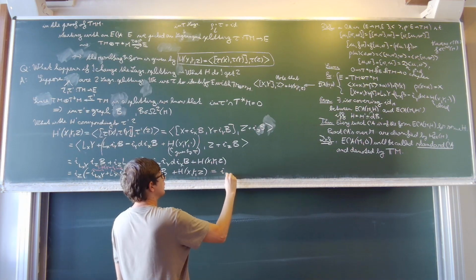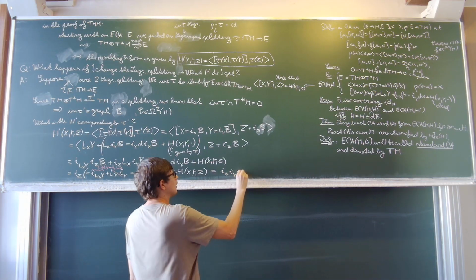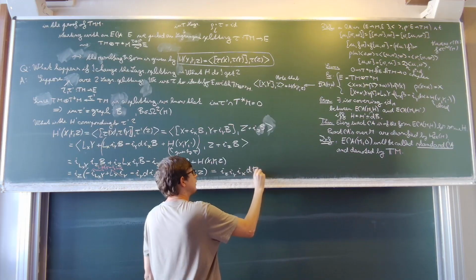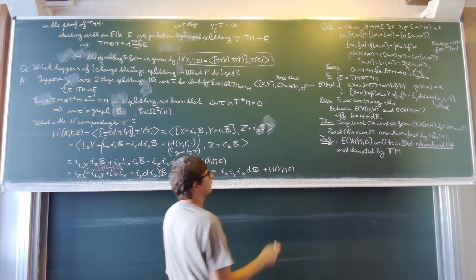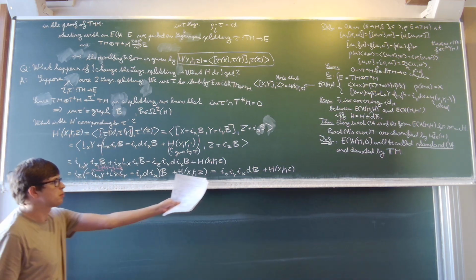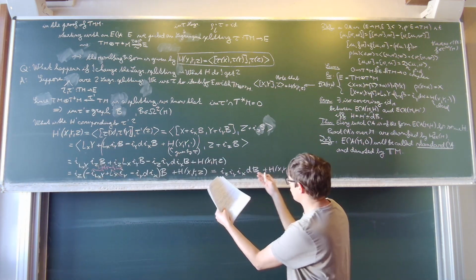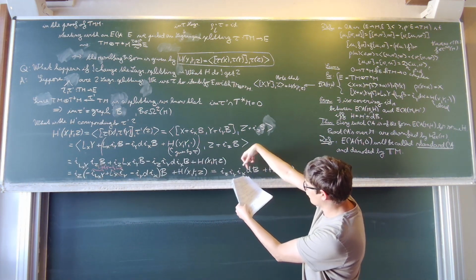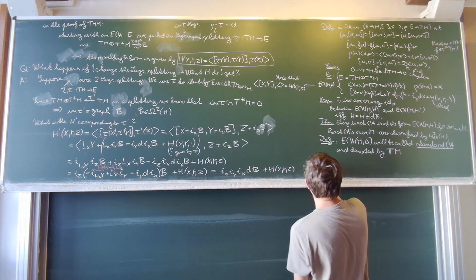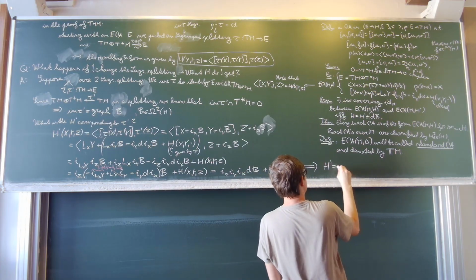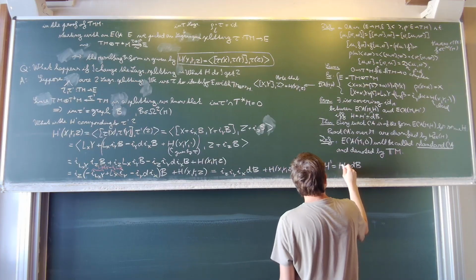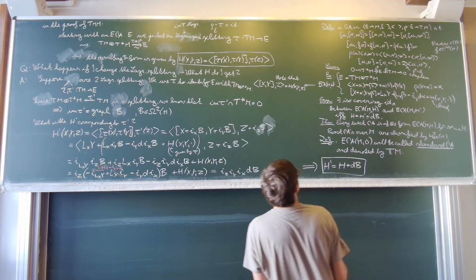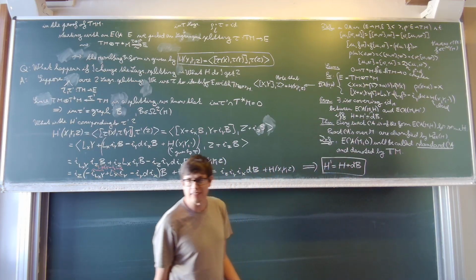So I_z I_y I_x into dB and plus h(x, y, z). Okay, this is precisely just dB fed with x and then y and then z. Okay, so from this we can conclude that this h prime is indeed just this h shifted by this b. Okay, so precisely that thing.